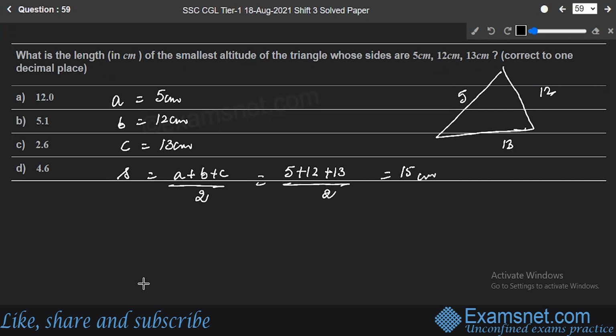Now, let's go for the area. You have to find out the altitude, so first of all, let me find the area.